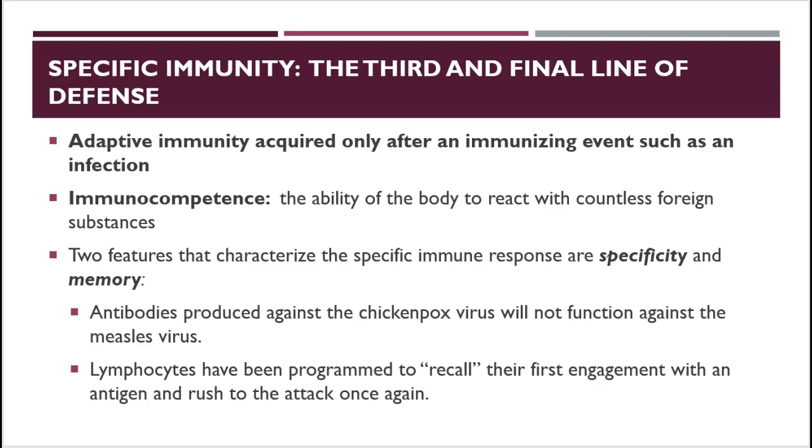So the response is specific to an antigen, and it stimulates cells that remember. So if that antigen is experienced again, cells are present that remember that antigen, and an attack is immediate.